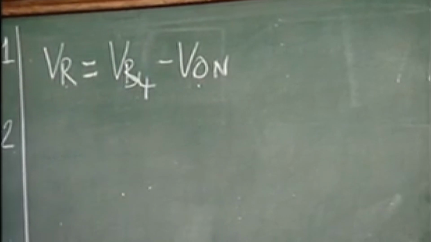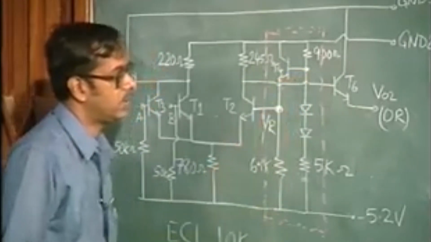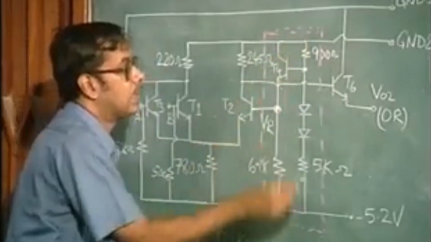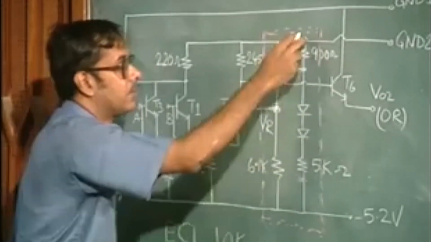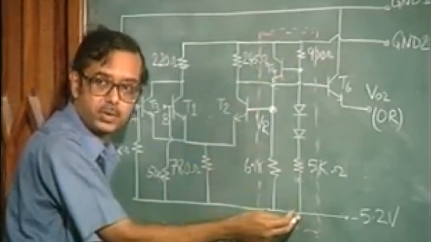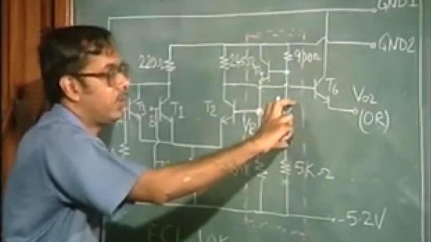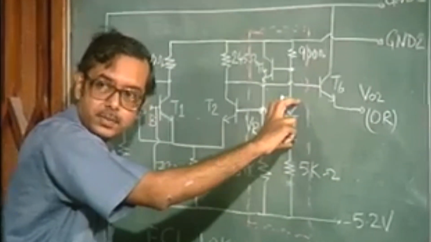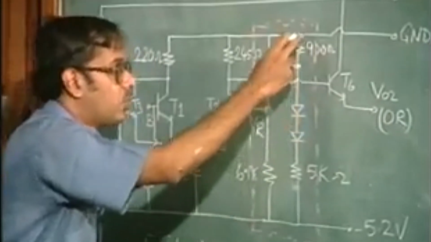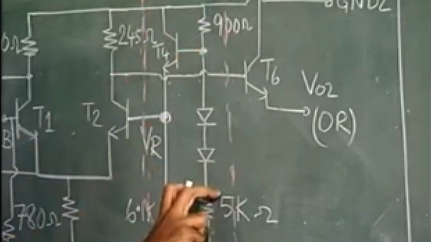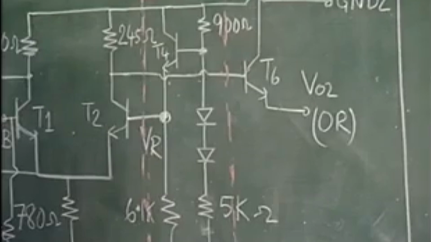What is the value of VB4? It is very easy to calculate. The total drop across the power supply is 5.2 volts, out of which 1.5 volt is dropped across the diodes. The remaining voltage is dropped across the two resistances and the constant current flowing through them.